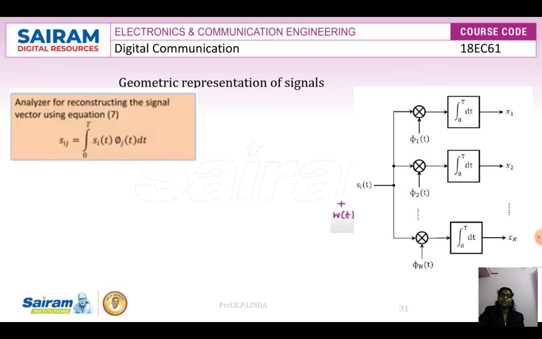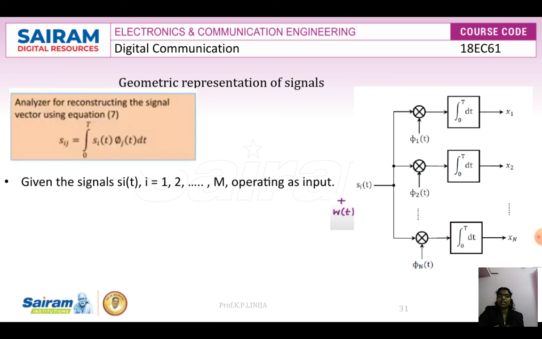We know that the received vector signal Si of t is corrupted by noise, which can be written as W of t. So the input to the receiver side multiplier is Si of t plus W of t. Here the noise is assumed to be additive white Gaussian noise.